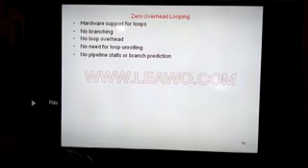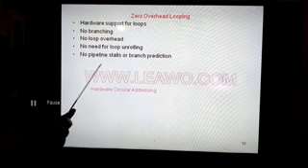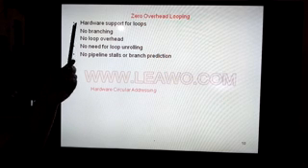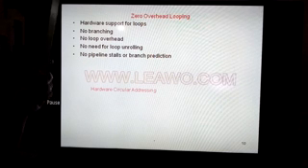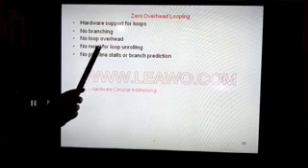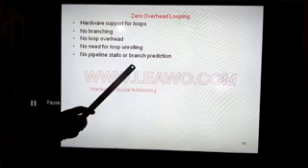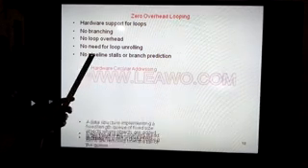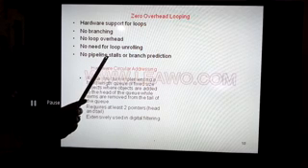Now see here, the next one is zero overhead looping. That is due to the hardware that supports the loops: no branching, no loop overhead, no need for loop unrolling, and pipelining stalls are also absent here.